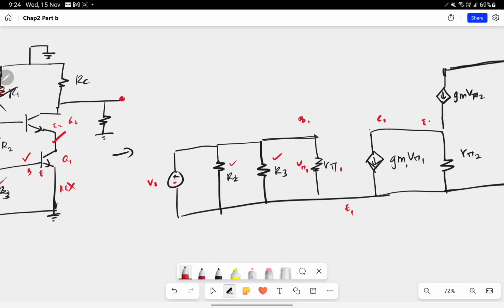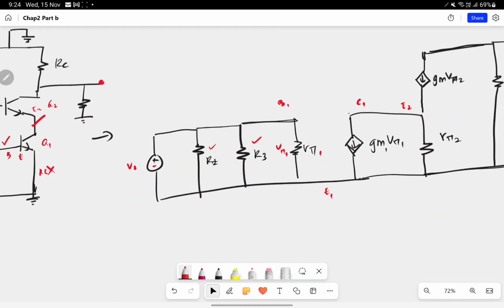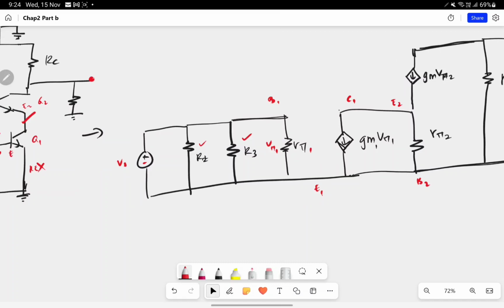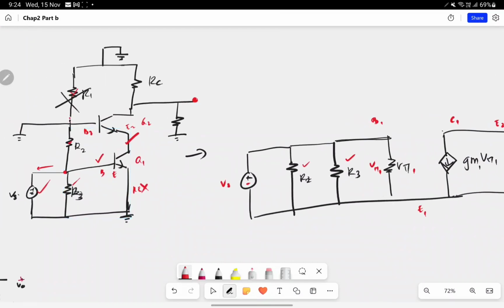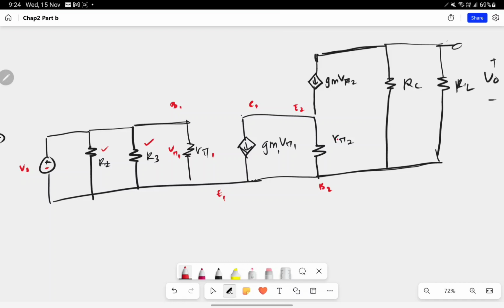Right, from E2, the emitter will be connected with the base. Emitter 2 will be connected to base 2, where base 2 will be connected directly to the ground. So we name it R pi 2, connected directly to the ground.